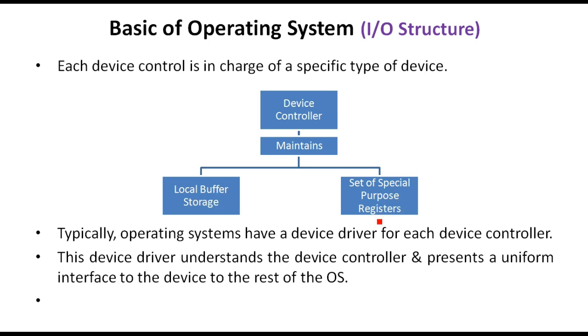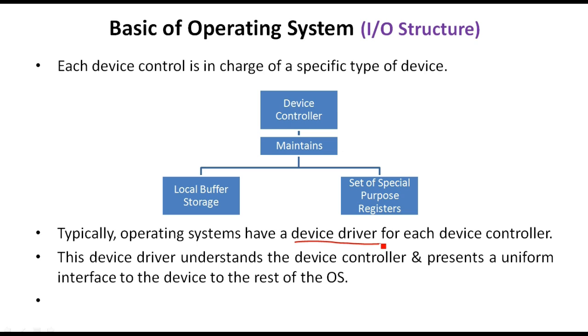Typically, operating systems have a device driver for each device controller. So, a new term: device driver. What is meant by device driver? To control the device, we have the device driver.